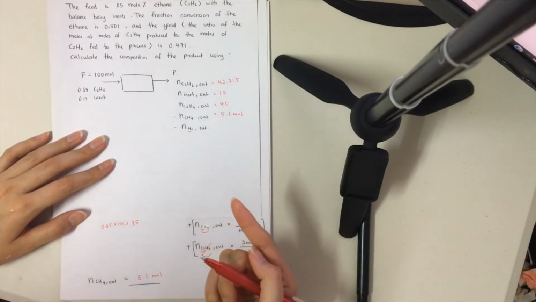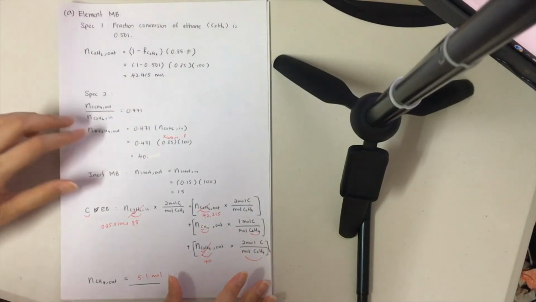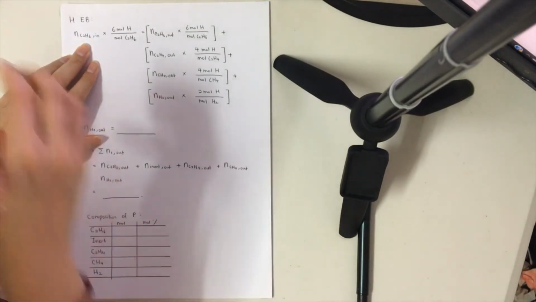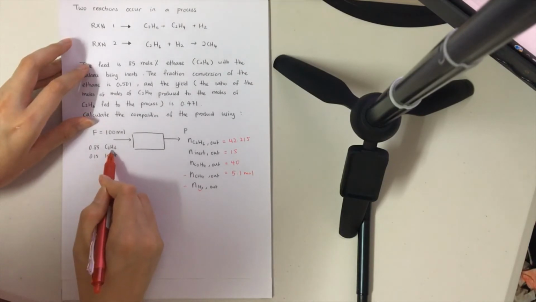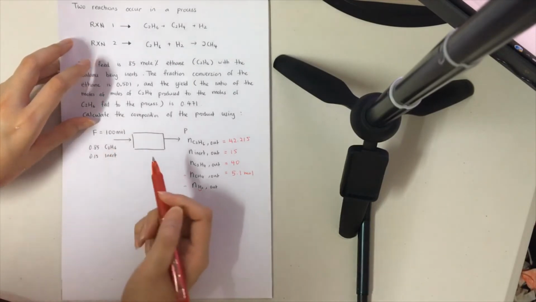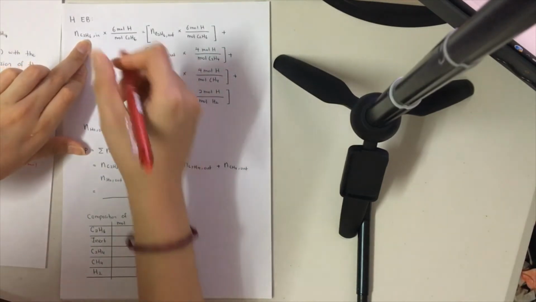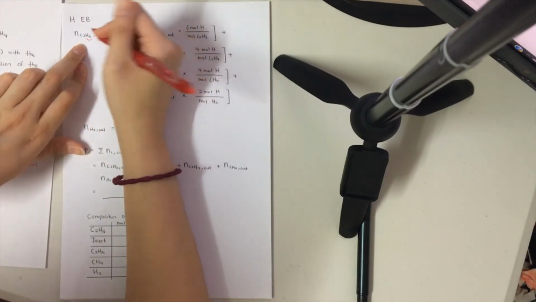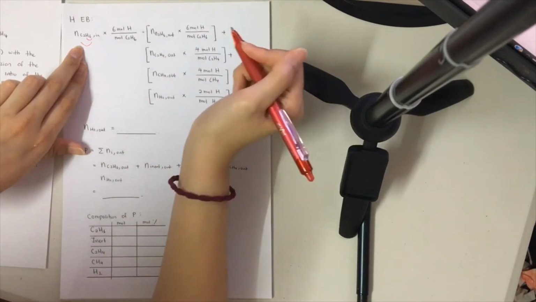The next element balance that you have to do is for the element H. Same thing here. What goes in is C2H6, this component here has hydrogen. So for the number of C2H6 going in, you have 6 moles of hydrogen inside 1 mole of C2H6, so you multiply by 6.